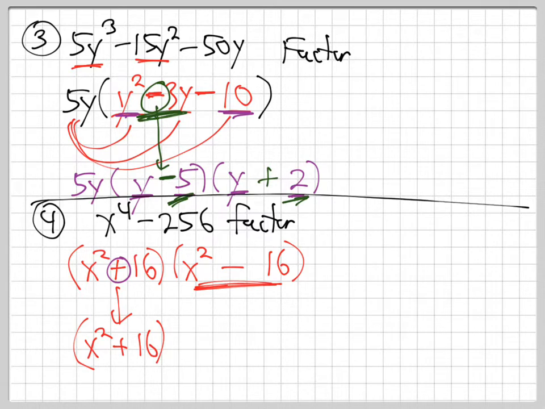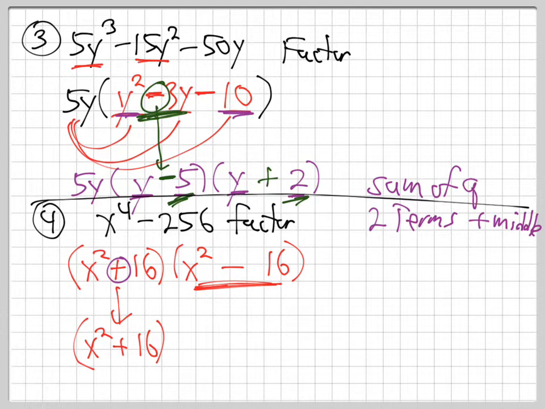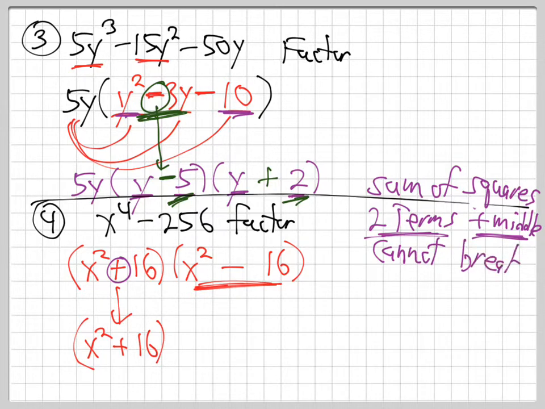When you have two terms, let me just write that. Two terms with a plus in the middle, it's really called a sum of squares. Because it's two terms being added, it cannot break down, cannot factor, right?